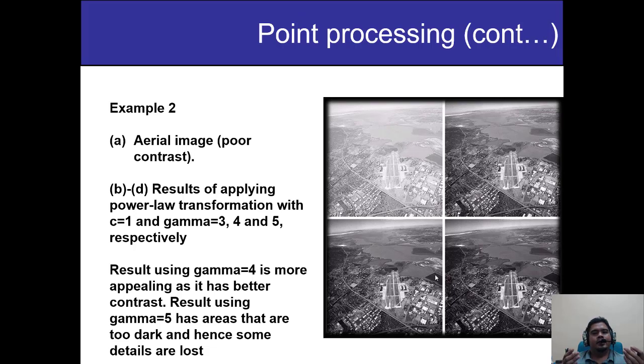If you choose the curve in one direction, you are improving the dark side, but if you choose the curve in the other direction, you are improving the bright side and sacrificing the dark side. So that is the summary of the logarithmic transformation function as well as the power law transformation function.